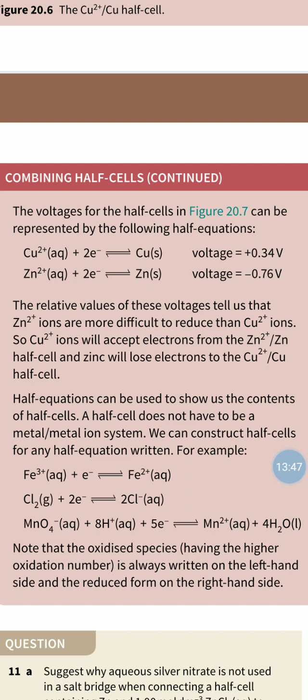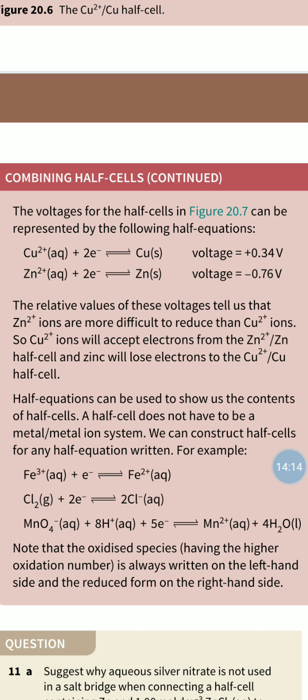Half equations can be used to show us the contents of half cells. A half cell does not have to be a metal or metal ion system. We can construct half cells for any half equation written. For example, Fe3+ aqueous plus e- giving Fe2+ aqueous, chlorine plus 2e- giving 2Cl-, manganate ions plus H+ becoming manganese and water.